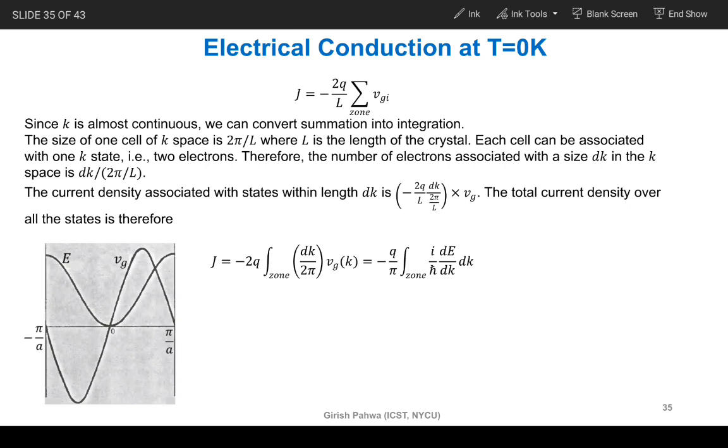This is, by the way, a very different picture from the Drude model. I don't know if you have heard of it. The Drude model is your conventional model, which you might have studied in high school.